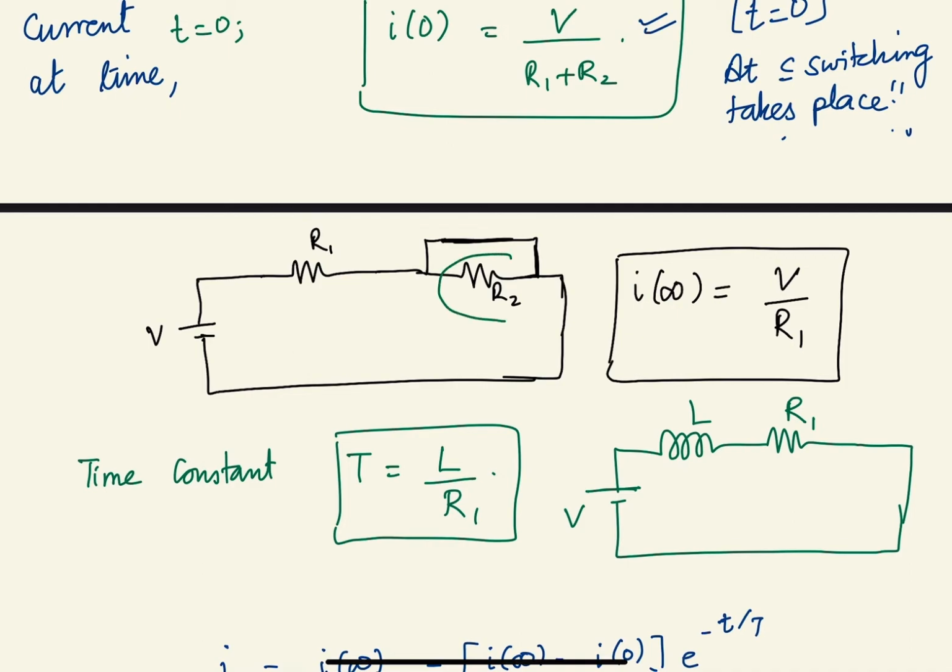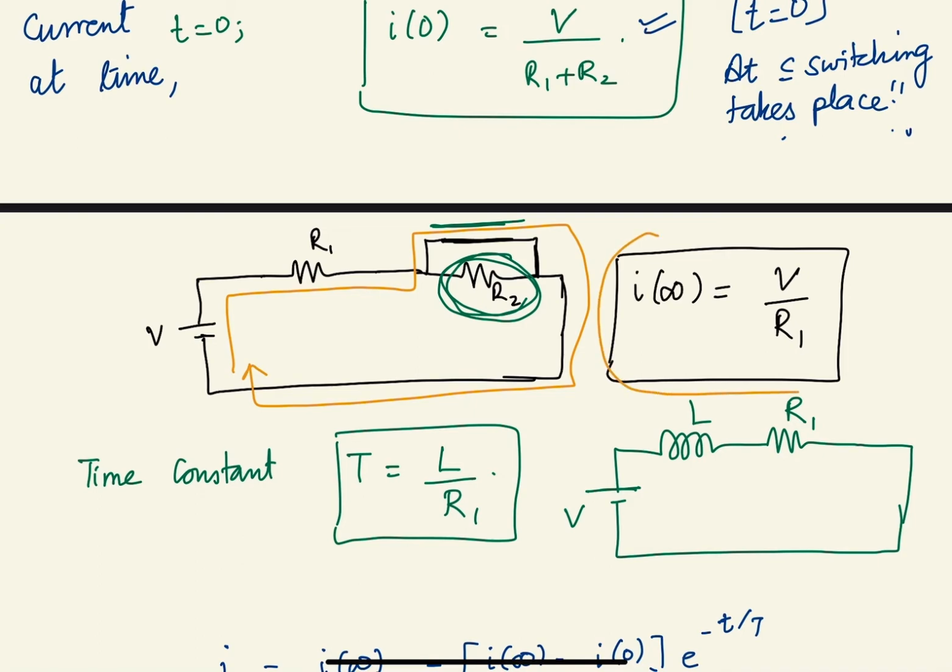This R2 resistance actually has a short in parallel to it. So what will happen to the path of the current? The current will follow this path. It will not go through R2, but it will go through R1 only. So we can say that the current I infinity, or the current in steady state, when the switch is connected for a very long time, takes the value V divided by R1.